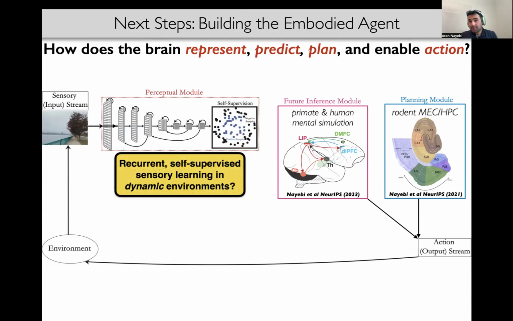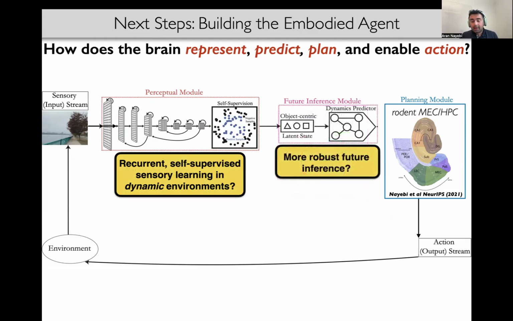The reason I focus on this combination is that not only do animals not get external labels, hence the need for self-supervision, but recurrence is also a very ubiquitous neuroanatomical phenomenon. So perhaps this might be a repeated motif and principle that's useful for enabling also multimodal learning, like audition, olfaction, tactile perception, et cetera.